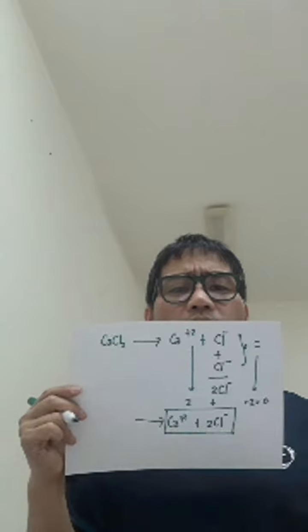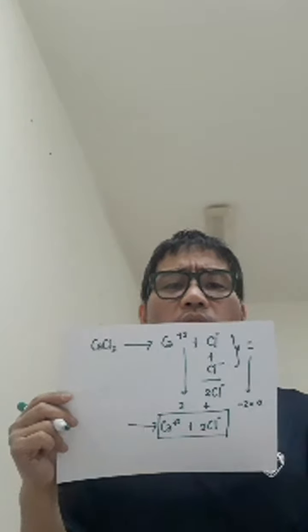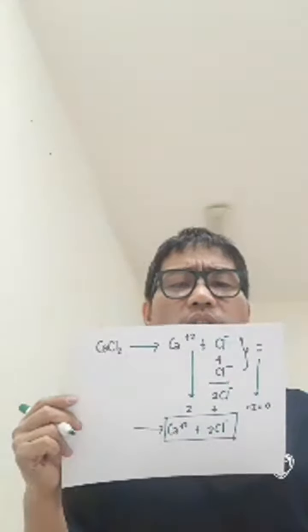So what is our total number of ions, v? It is 1 plus 2, which is equal to 3.